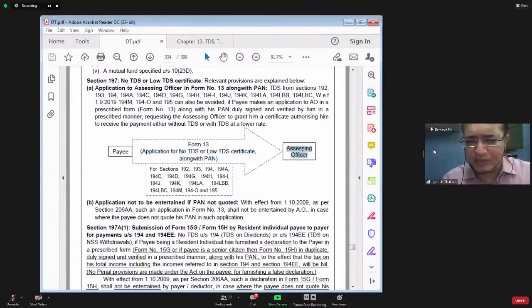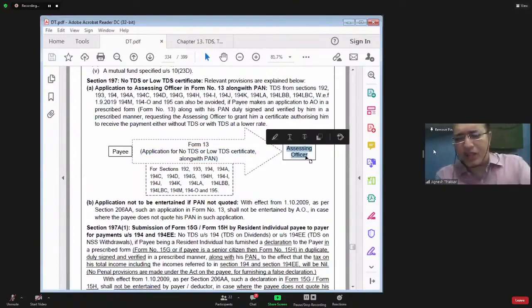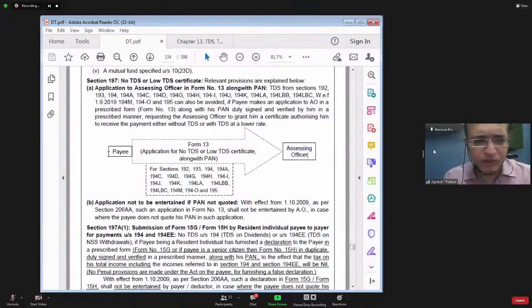If the assessing officer is satisfied, then he will issue the no TDS certificate. In that no TDS certificate, the name of the payer, Inside Commerce Studies, will be clearly mentioned, and it will be instructed to stop deducting TDS. So Inside Commerce Studies will stop deducting TDS. So the payee can submit the application to the assessing officer, either for a no TDS certificate or a low TDS certificate.